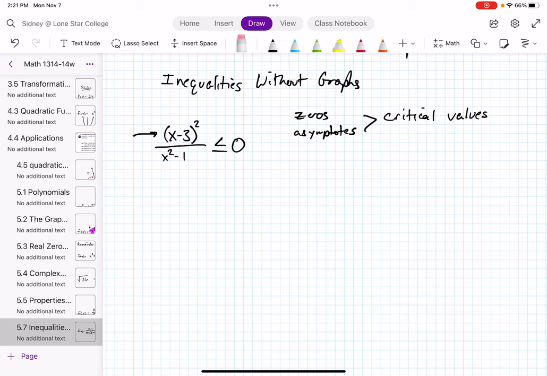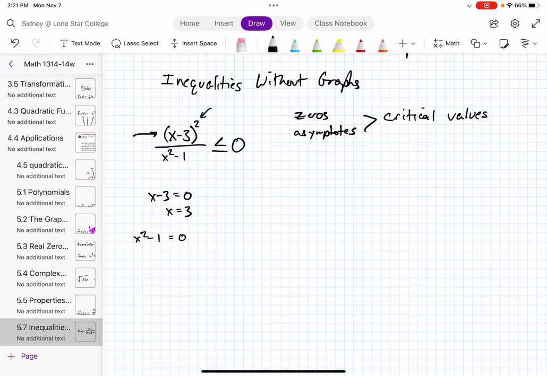So we're going to start by saying x minus 3 equals 0. Now, it is squared, and so that tells us about multiplicity, so we'll have to think about that. But x minus 3 equals 0 gives x equals 3, so we have a critical value of x equals 3. Now the bottom piece we set equal to 0 to find the asymptotes.